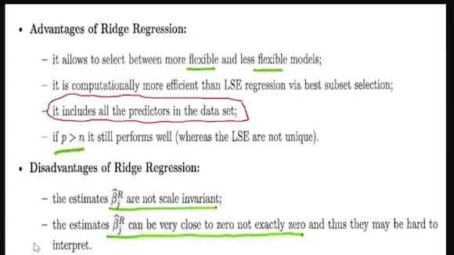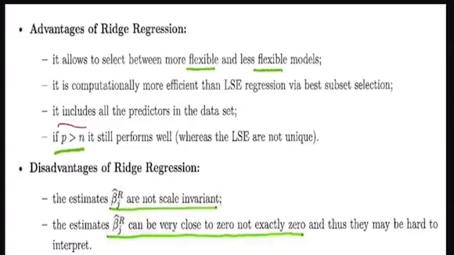In fact, when the number of observations is less than the number of explanatory variables, the OLS, the least squares method, is going to break down. But you know what? Ridge regression is still going to perform excellently well, even in the high-dimensional case.